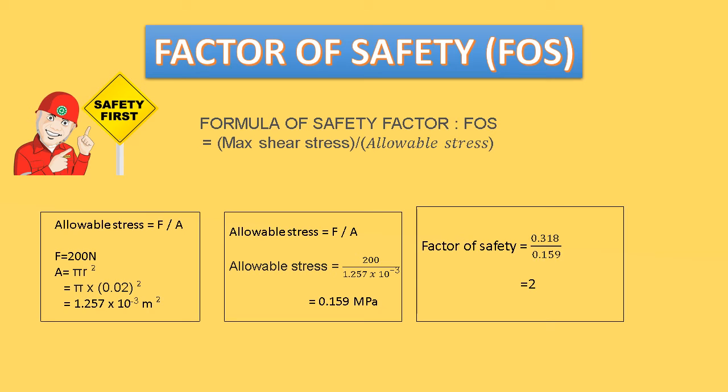After that, we can determine the factor of safety by substituting the value of maximum shear stress and allowable stress, and we get the factor of safety equals 2.